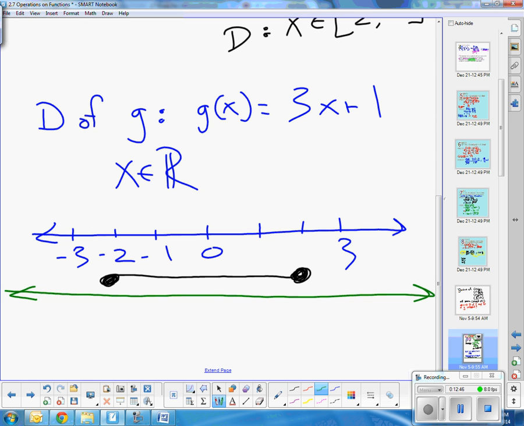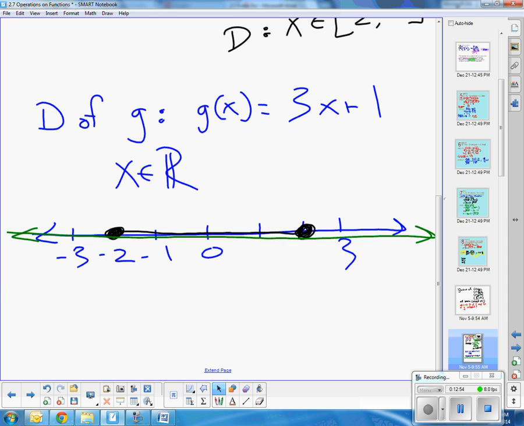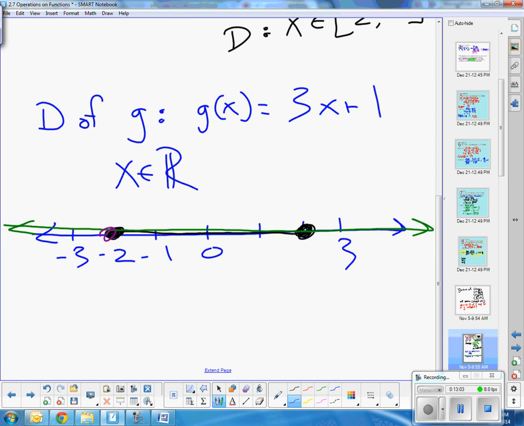is all real numbers. Since I'm looking for the intersection, I need to see where these two ideas overlap. So I'll drag them up there. I take a look at it and say, well, the black line and the green line overlap starting here and all the way to there.